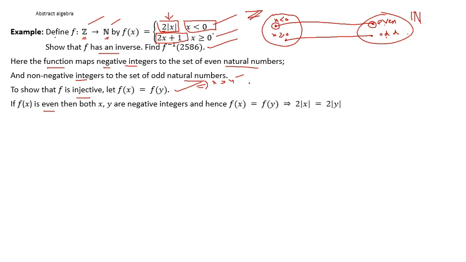Since fx equal to fy, fy is also even and therefore y is also a negative integer. So x and y are both negative integers such that fx equal to fy.